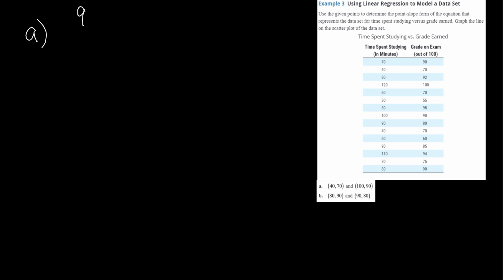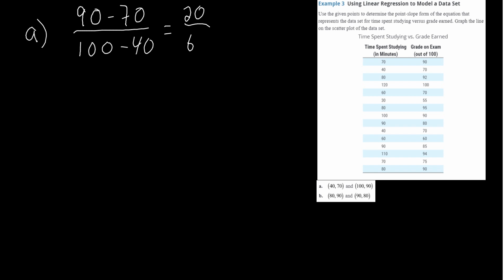Again, this is the y values. Okay, 90 minus 70, and then 100 minus 40. All right, things worked out perfectly here, so I don't have to worry about negative numbers. So we have 20. Let's fix that too. We have 20 over 60, or in other words, 1/3. Okay, so we have 1/3.